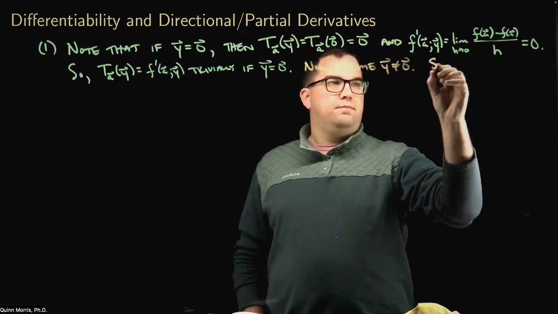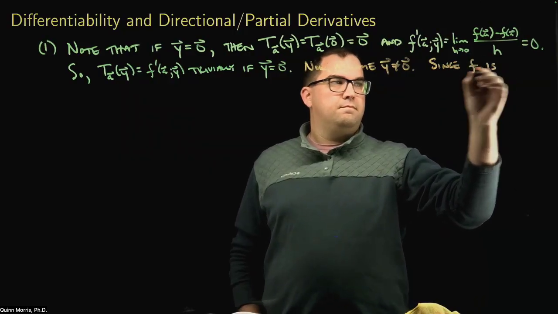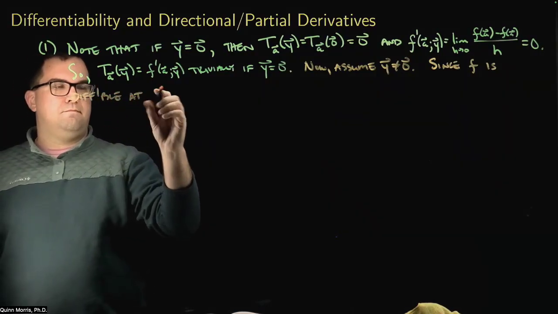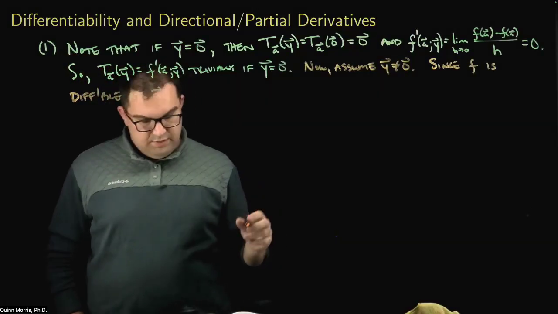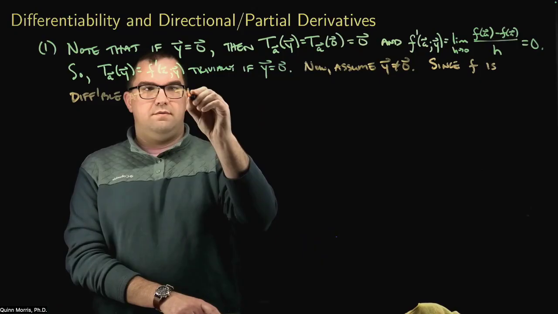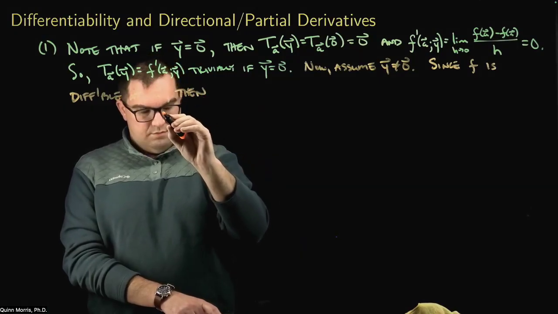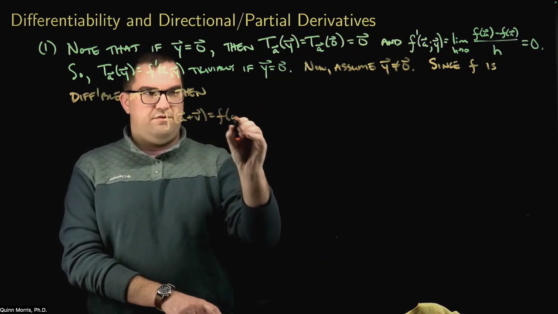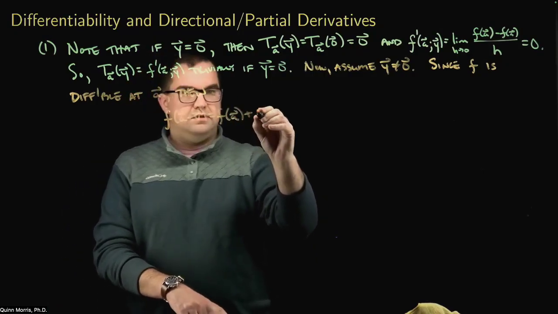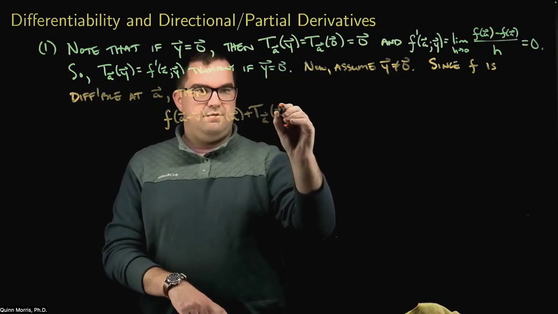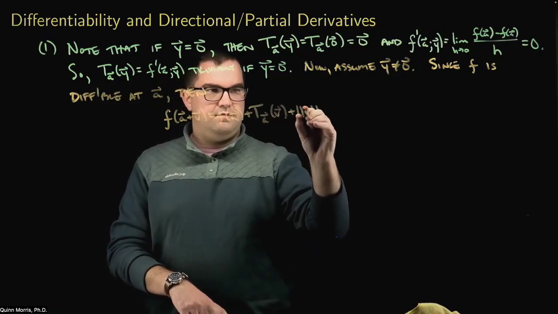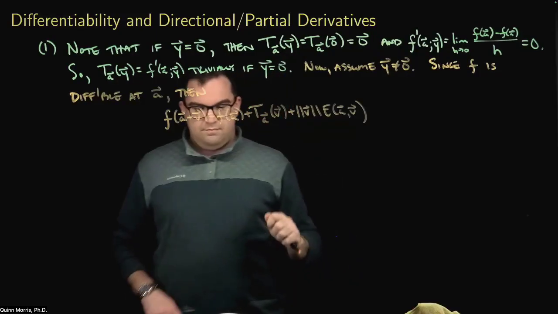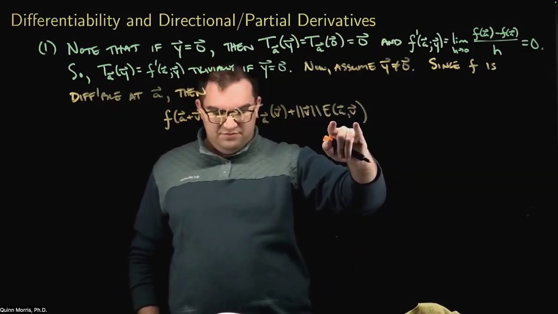So since F is differentiable at A, then we have F of A plus V is equal to F of A plus T sub A of V plus norm of V times E of A V. Again, where this term goes to zero as V goes to zero.